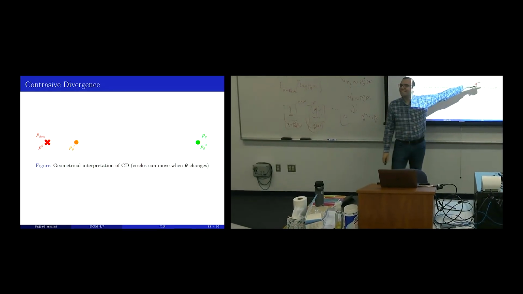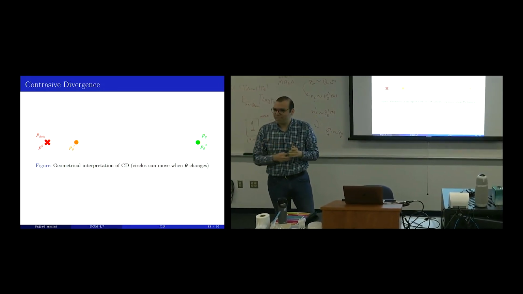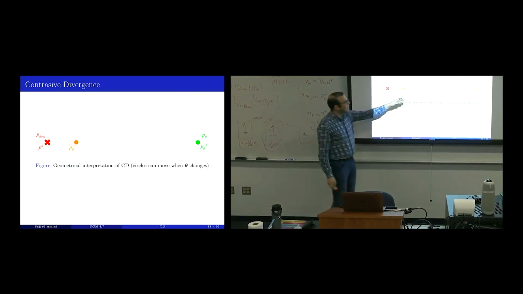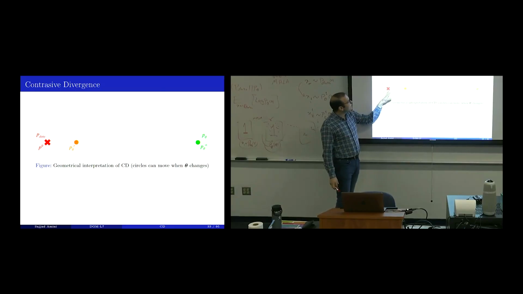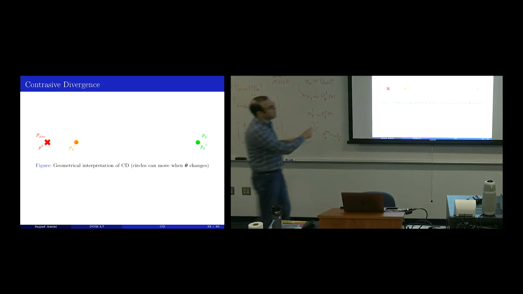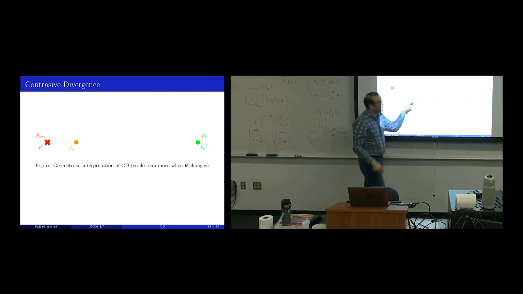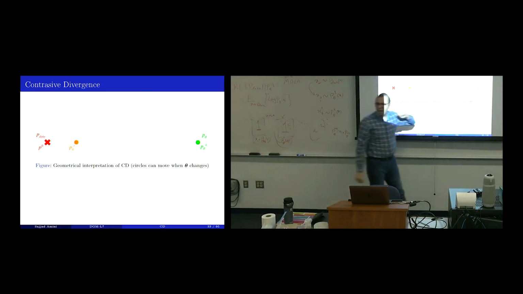P infinity is there. The distances are meaningful. It means that P data, P theta t and P infinity are conceptually at these distances. It means that P theta t is near to P data, while this one is far.